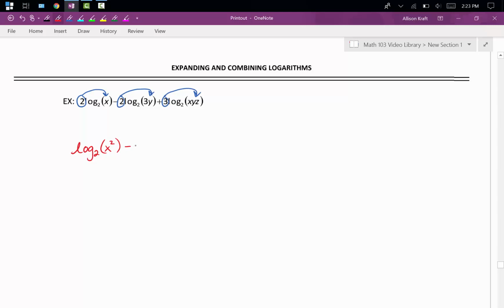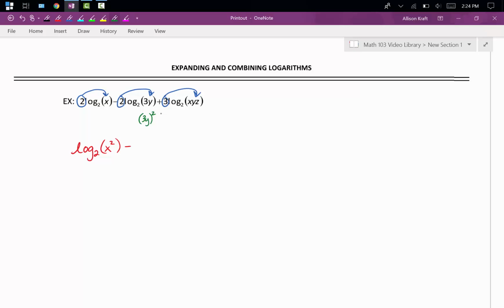But now we're putting an exponent of 2 on our argument of y to the 3rd. We are putting that exponent of 2 on the whole argument, so 3y in parentheses to the 2nd.